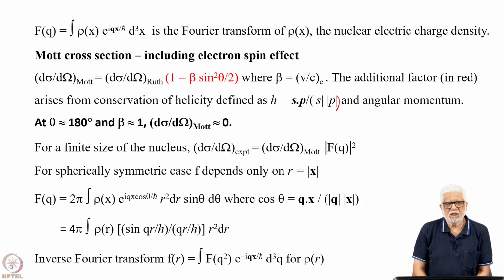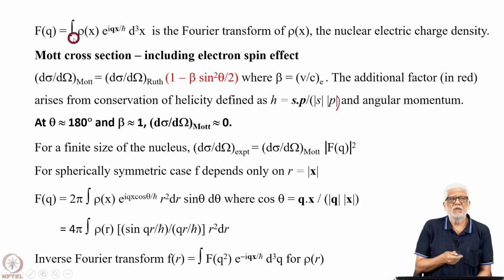For a finite size of the nucleus, the experimental cross section d sigma by d omega is the Mott cross section times F of q, whole squared, where F of q, as we have defined above, is the Fourier transform of the electric charge distribution in a nucleus.